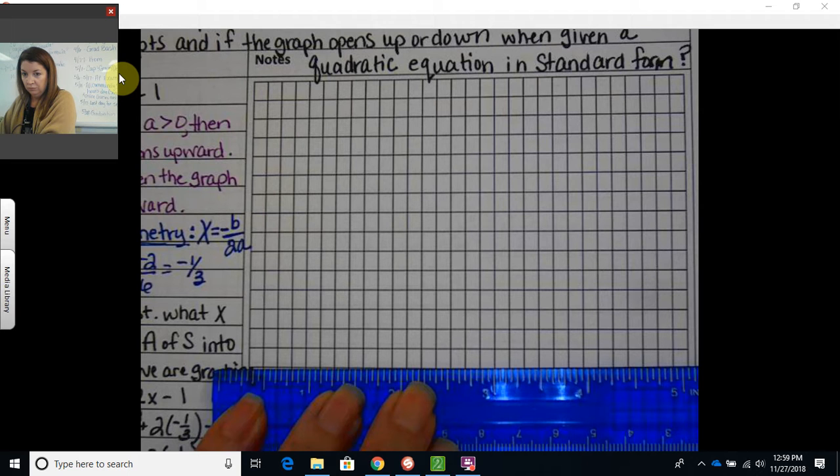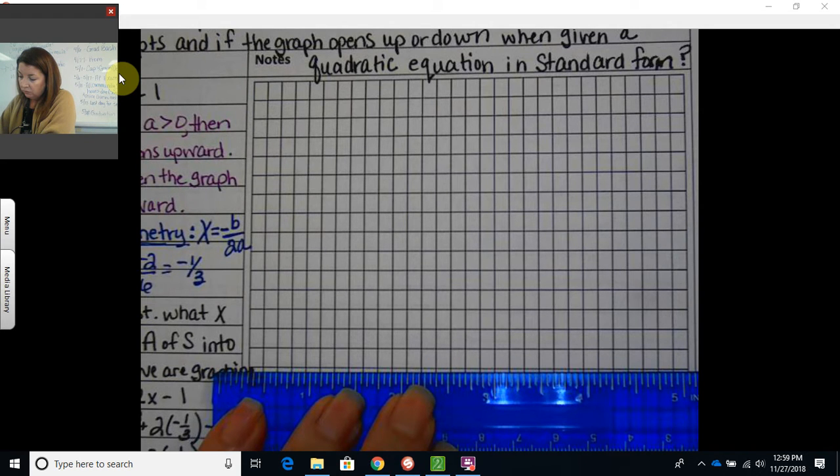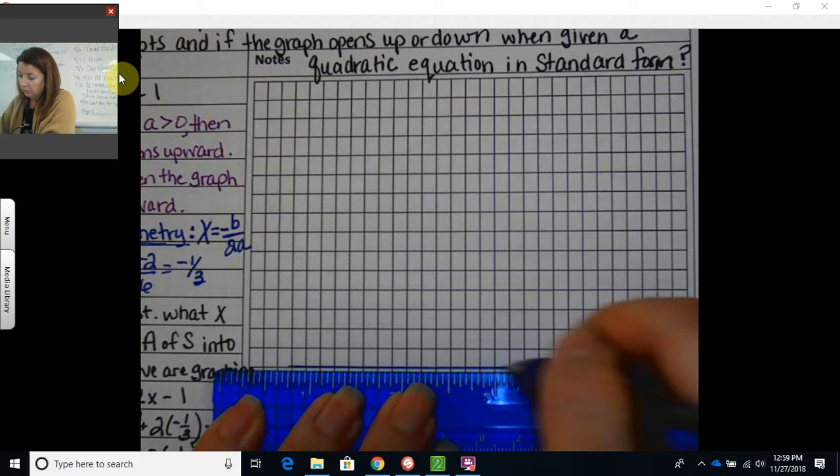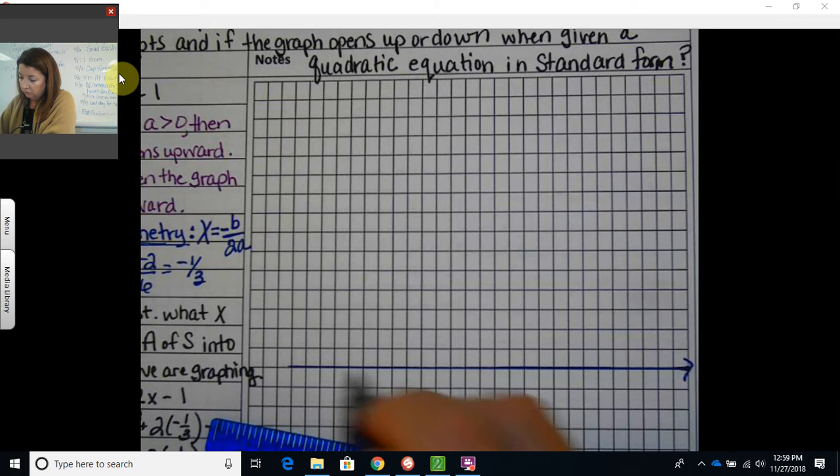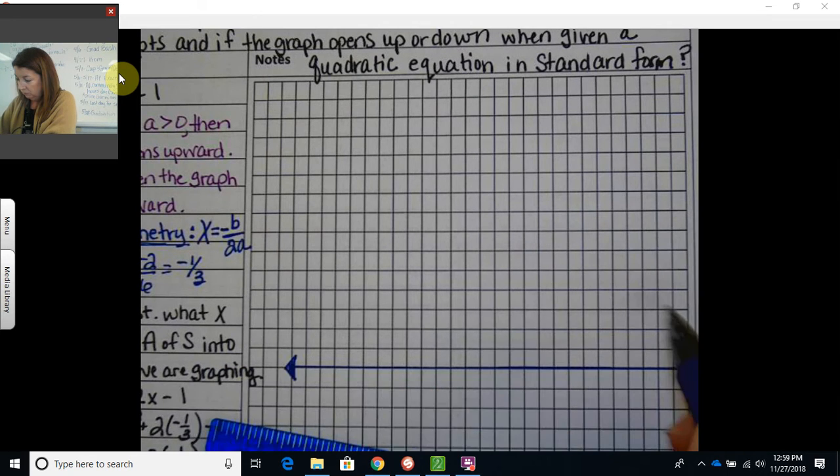It's gonna open upward, right? Yes, it opens upward. So we can use this whole entire graph.